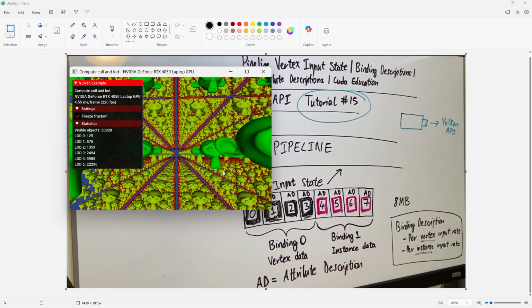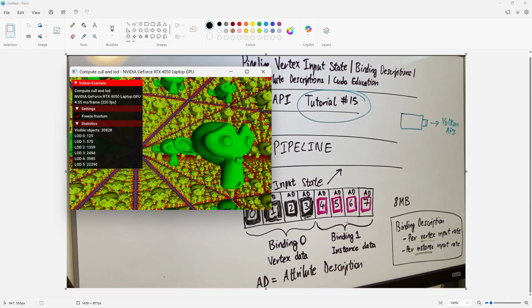We have per instance data and per vertex data. Per vertex deals with one object, per instance deals with basically each object, right? The vertex data is 10,000 vertices per object, but instance data is we're consuming 4 blocks one time for each instance, okay?